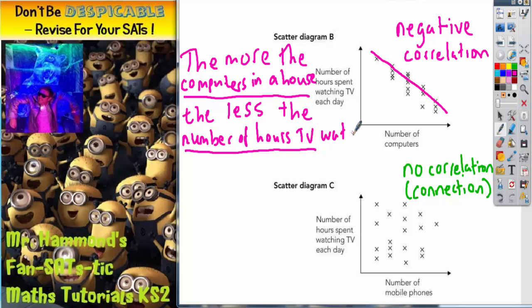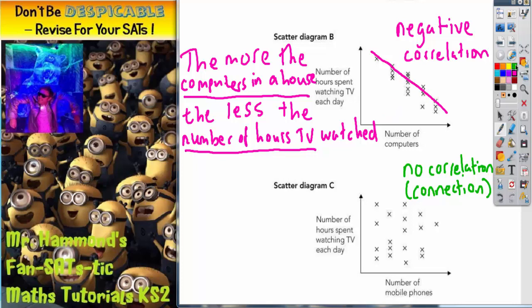And when you think about it, any sentence that you write with correlation should actually make sense. Because if there are more computers in the home, people are less likely to be watching TV because they can't really be on their computer and watch TV at the same time. They probably want to concentrate on their homework or something like that.